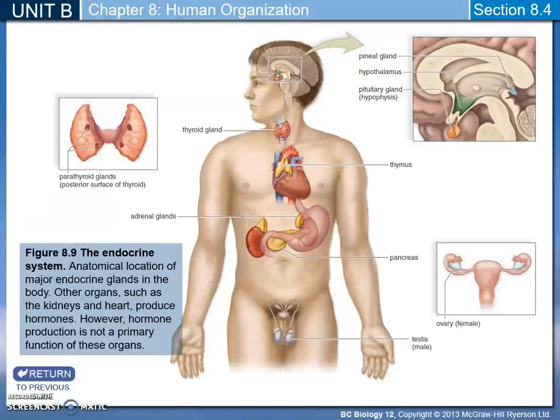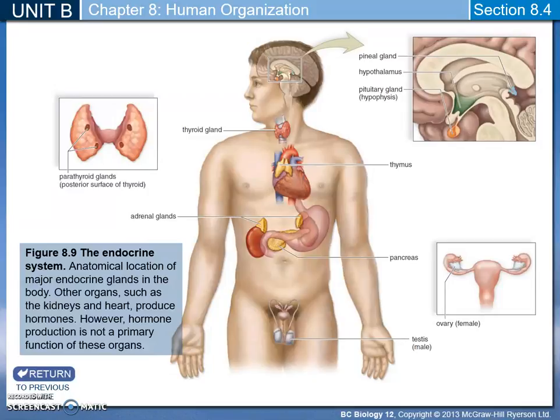So here's a diagrammatic representation of the different endocrine glands and their location, and they're labeled and named there as well, so you can see where they are. Obviously, the ones within the brain, that's a cross section of the brain. You can see them there: the pituitary gland, the hypothalamus, and the pineal gland.